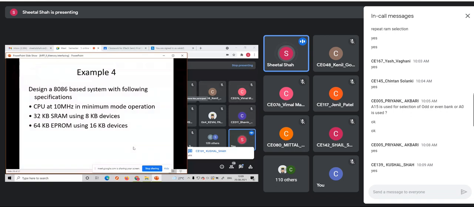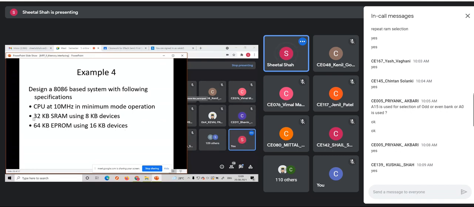Now, one more example. This is the last example I'm going through for this memory interfacing. We are having an 8086 based system with the following specification: 32 kilobyte static RAM using 8 KB devices, whereas 64 kilobyte EEPROM using 16 kilobyte devices.